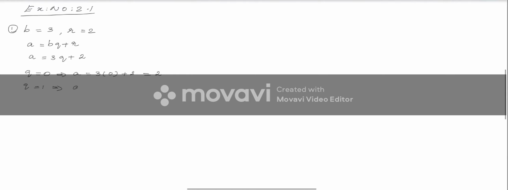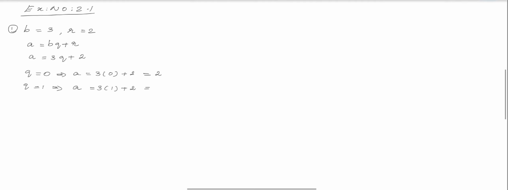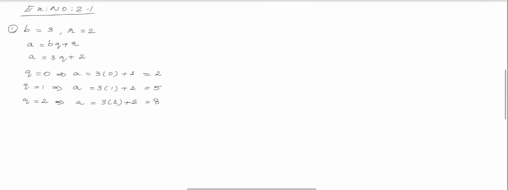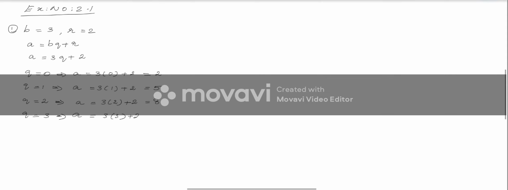Then what will be your A? It is 3 into 1 plus 2. 3 ones are 3. 3 plus 2, it is 5. Am I right, girls? And Q is equal to 2. When Q is equal to 2, your A will be 3 into 2 plus 2. 2 3s are 6. 6 plus 2, it is 8. And when your Q is equal to 3, your A is equal to 3 into 3 plus 2. So it is 3 3s are 9. 9 plus 2 is 11. Right?